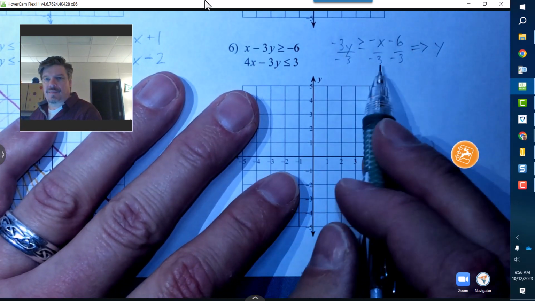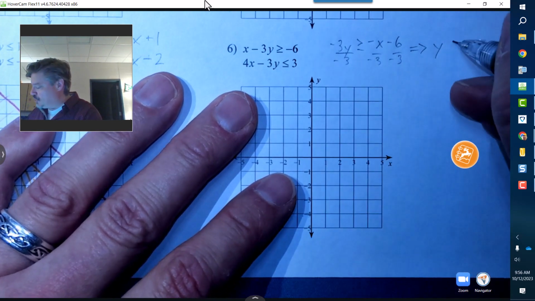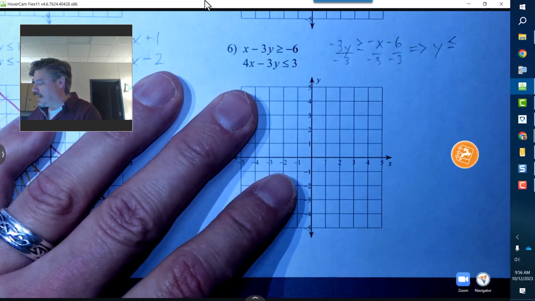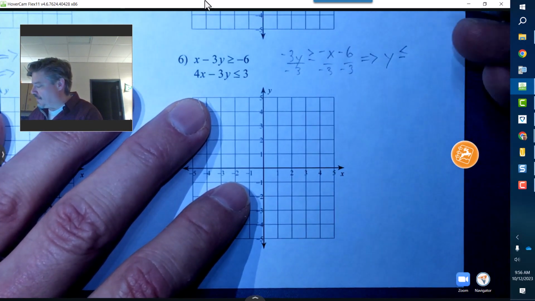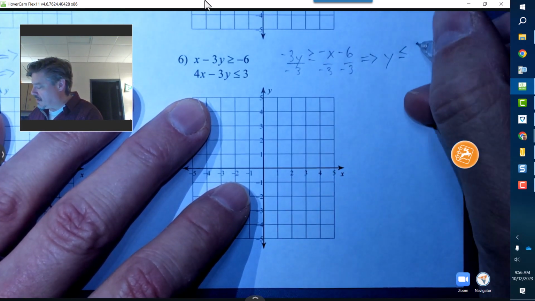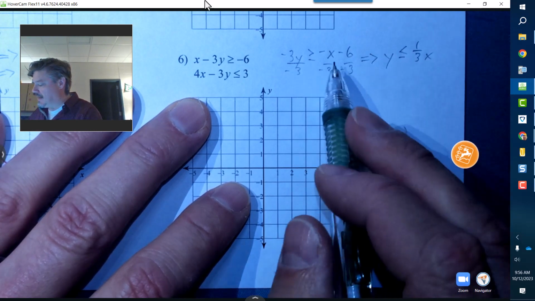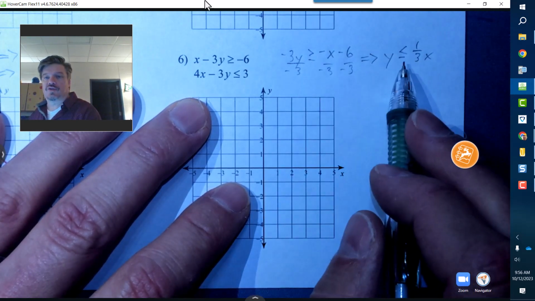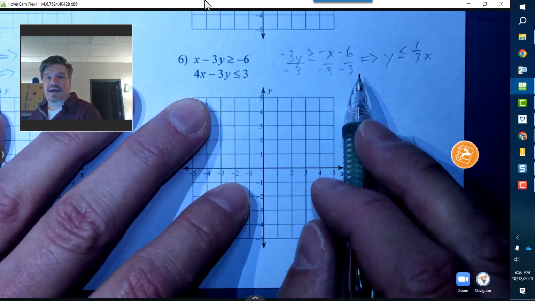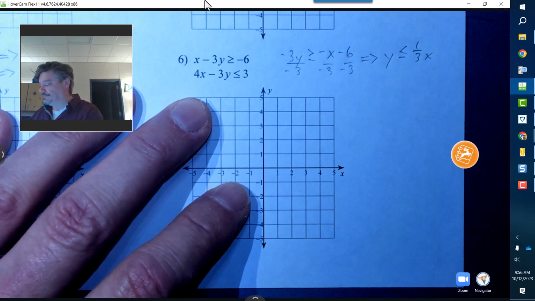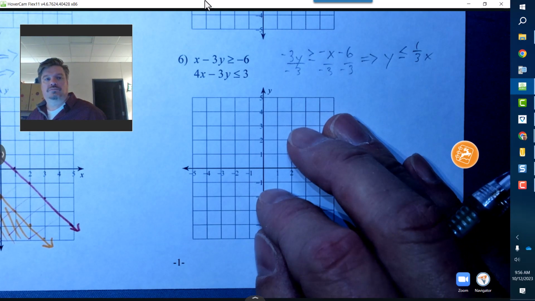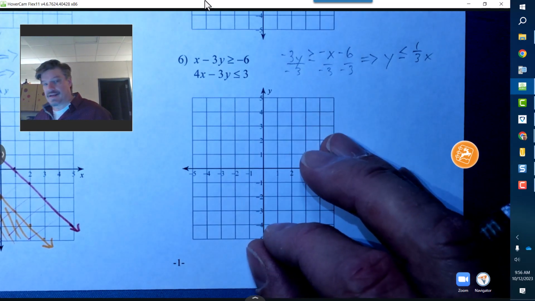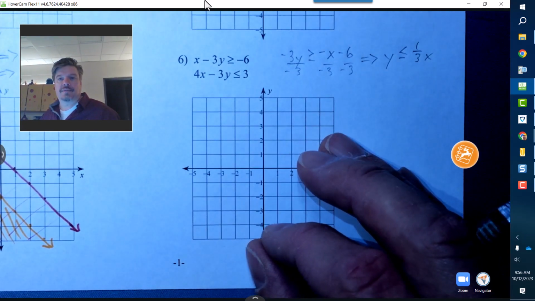But because I divided by -3, I need to change the direction of the inequality, so it becomes +1/3. The inequality switched directions because I divided by a negative number. We talked about this yesterday. So now -6 divided by -3 is going to be +2.